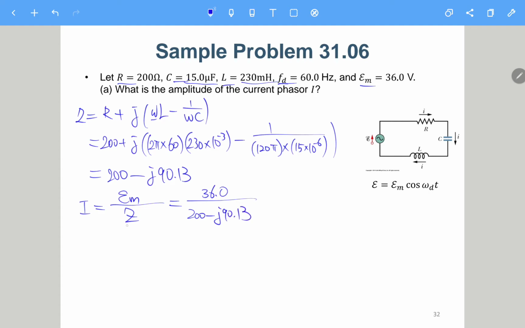These are the impedance and the general phasor, which can be a complex number. For some calculators, you can just press it and you don't really need to calculate by yourself. But if you need hand calculation, it is just like you multiply this one.